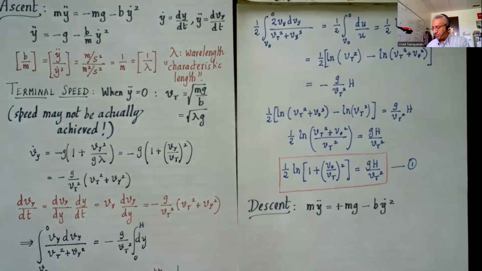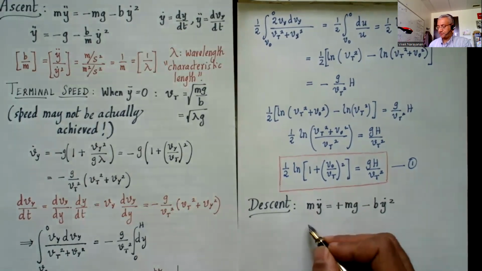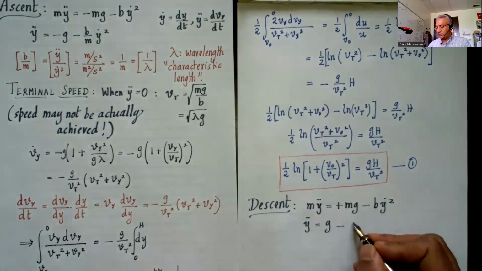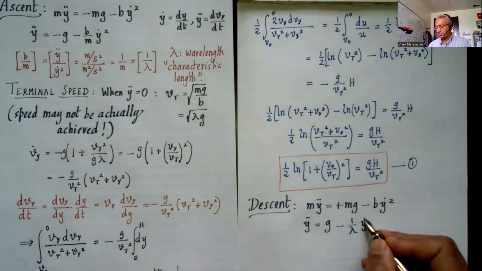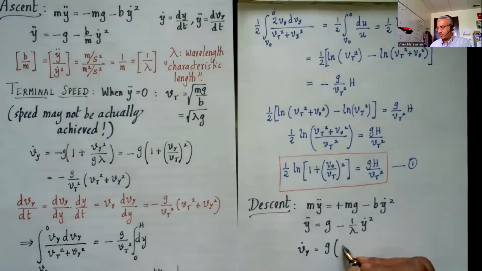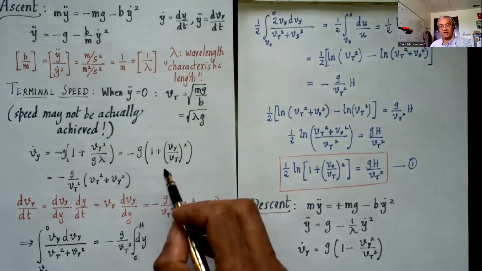Divide both sides by m, our famous trick. So I get y double dot equals g minus 1 over lambda y dot squared, and then take g outside to get the terminal velocity. This, by the way, is vy. So that's g times 1 minus vy squared over v terminal squared, just as we did in this first problem.